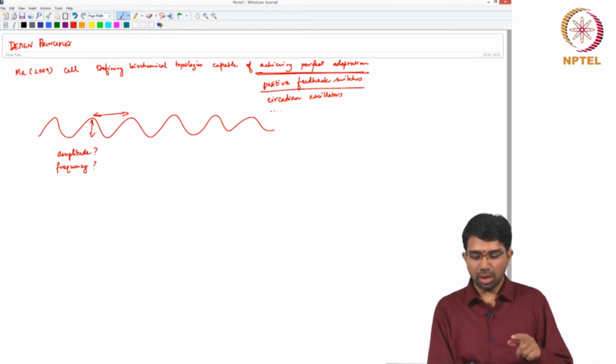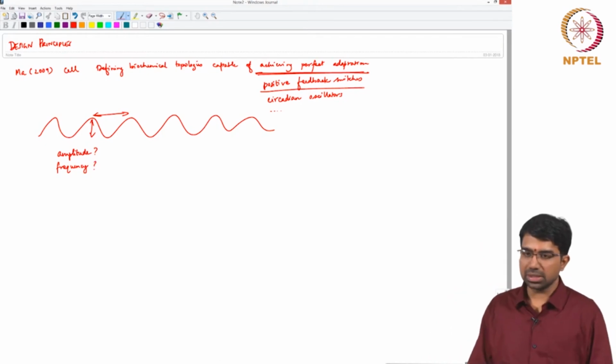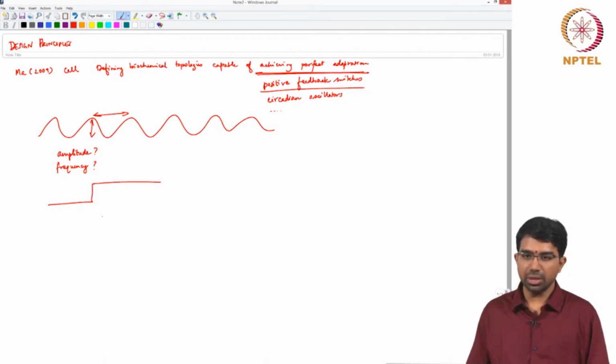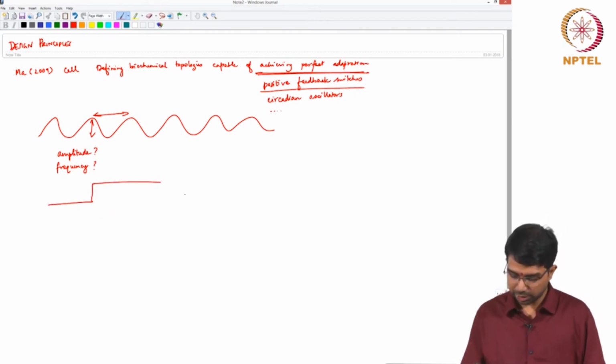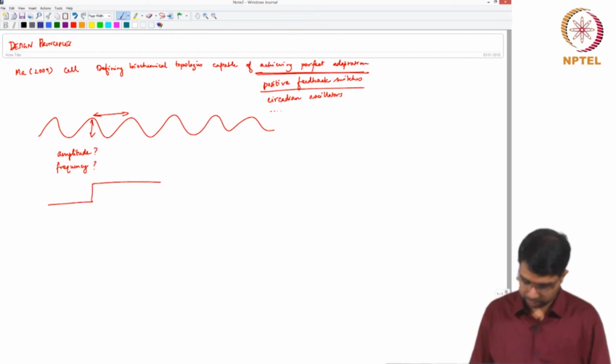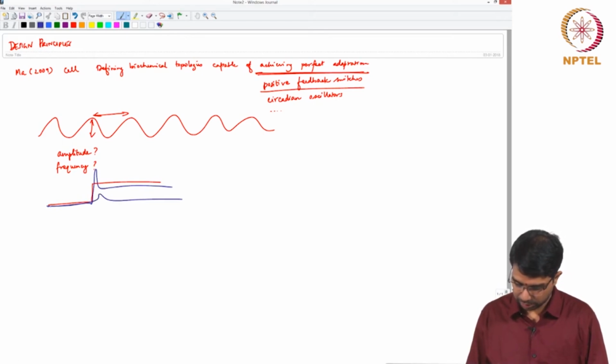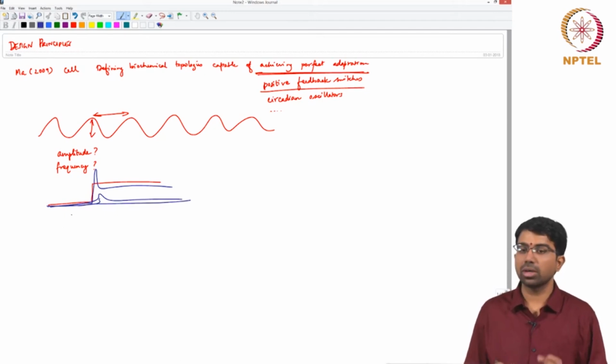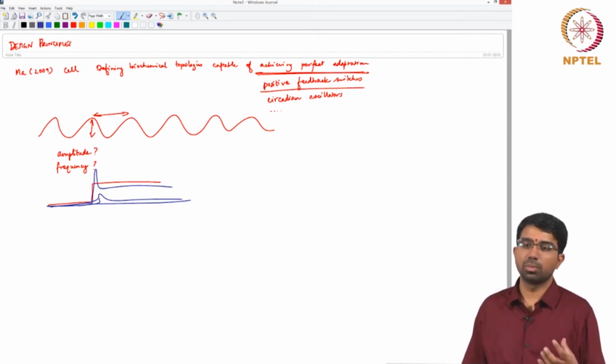In Ma's case they were looking at something called perfect adaptation. There is a step perturbation, and what is the response to this? Do you have something like this, or this, or this, and so on, and they quantified what they called perfect adaptation. They said the relative change in output to input must be a particular quantity and so on.